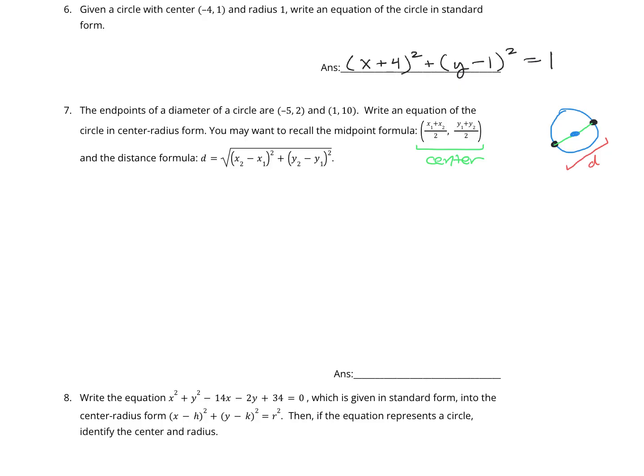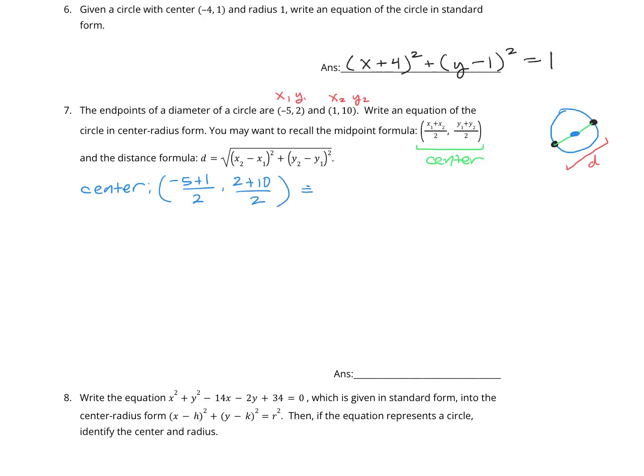So for starters, let's get our center. So our center is going to be that midpoint. And it doesn't matter how we label the points as long as we're consistent. So let's label this one (x1, y1) and (x2, y2). So the center is going to be the sum of the x numbers, that's (-5 plus 1) divided by 2, comma, the sum of the y numbers, which is (2 plus 10) divided by 2.